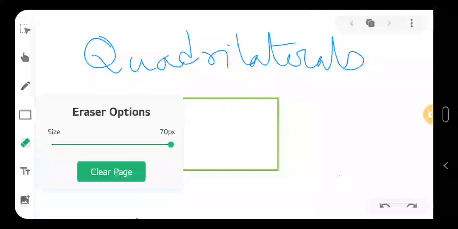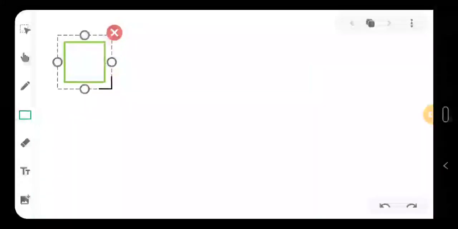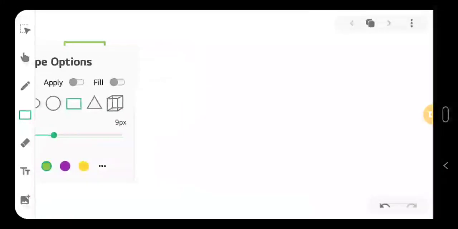Now talking about quadrilaterals, what are the types of quadrilateral generally we see? We can see some quadrilaterals which are called square. We also have something which is called a rectangle.